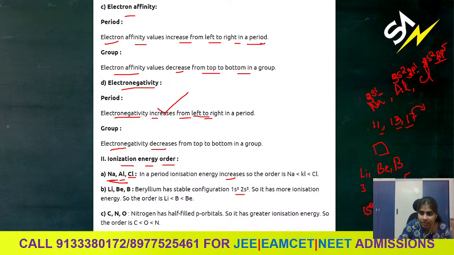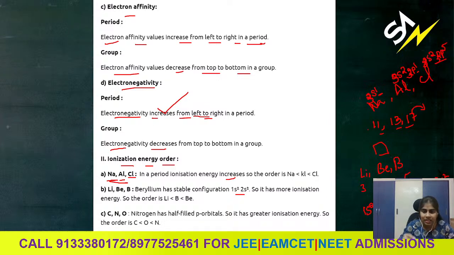Beryllium is 1s2, 2s2, and boron is 1s2, 2s2, 2p1. You can observe for beryllium, it is 2s2 in its outermost orbital. It means it is a completely filled orbital.